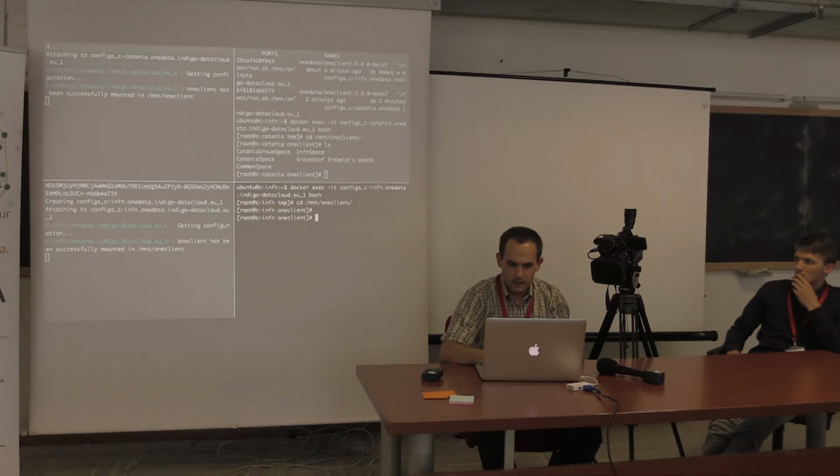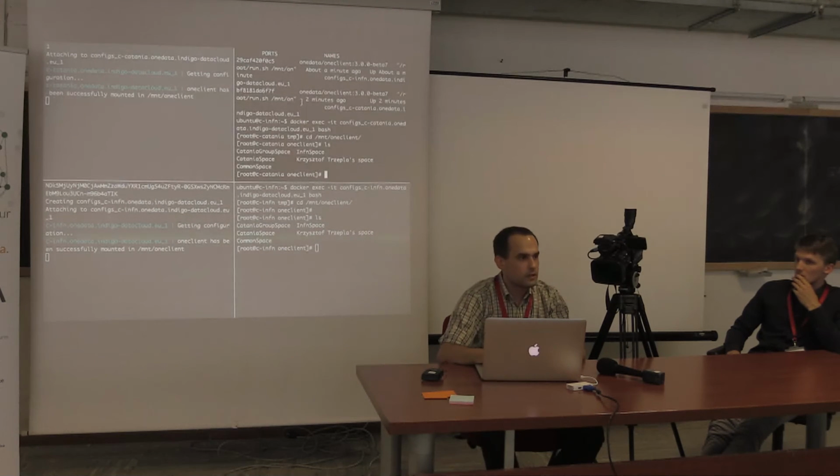Also I can list the spaces. So what I'm going to do now is create a file and append to this file alternately using the first client and then switch to the next client, so that we can see the distribution of file blocks in this file.